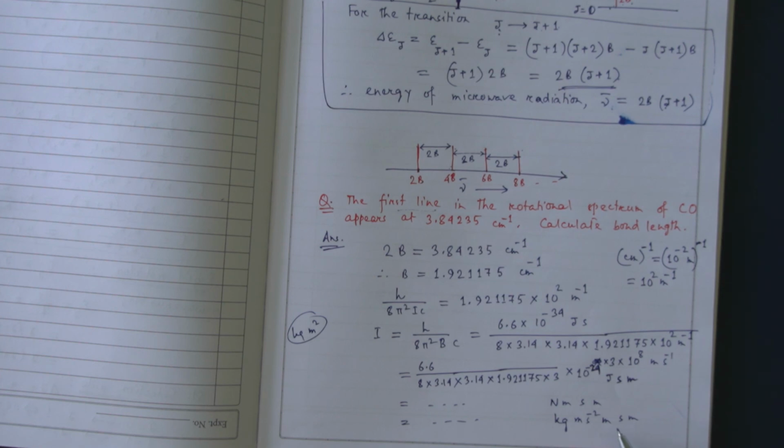Checking the units: B times c has meter per second, so per meter second, and this cancels.